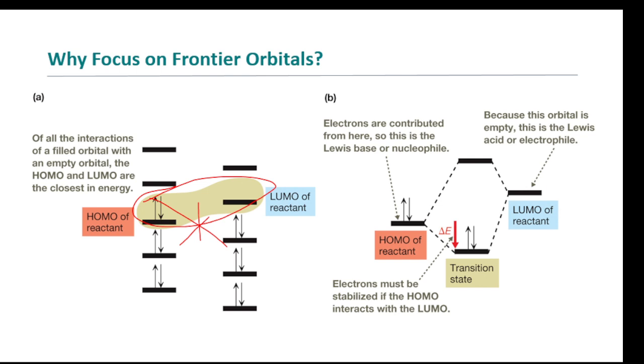Okay. What if we match up two LUMOs? What would that do? Yeah, they're both unoccupied, right? And so if you match up two LUMOs, you have no electrons to move into the other orbital. Could you theoretically match up two HOMOs? Yeah, you'd have to have each one with only one electron, right?